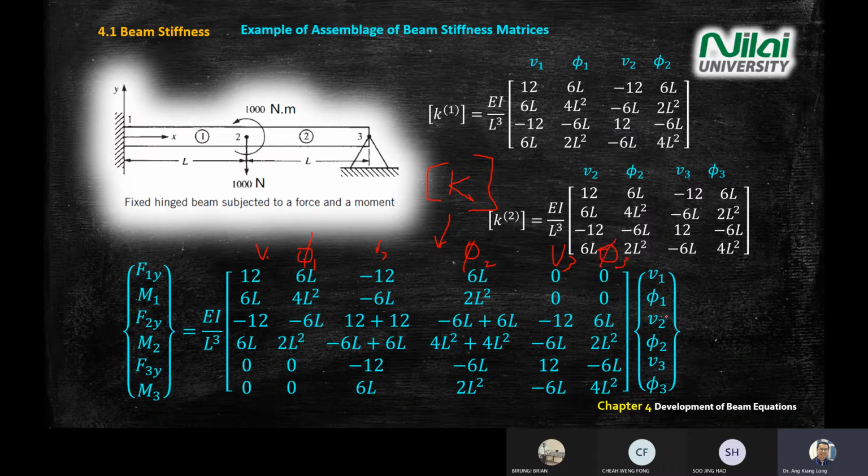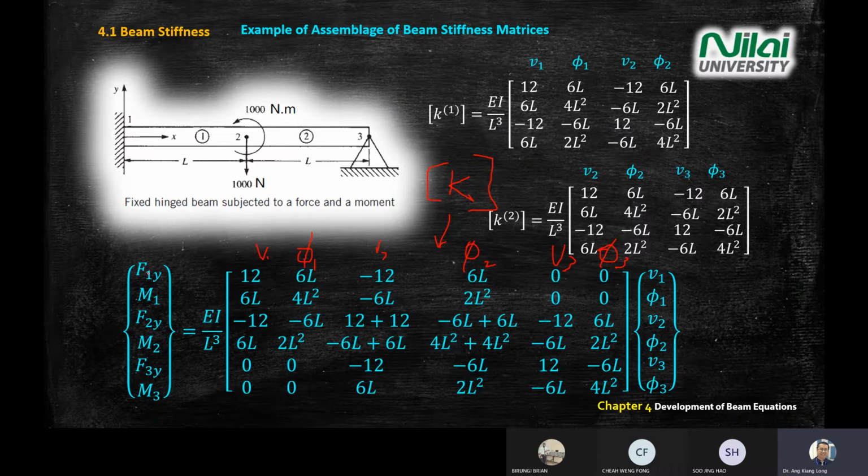Basically you follow your displacement matrix here, and then you put in all the numbers. I think you are good in this superimposition process. The next step, you write F equal to KD.